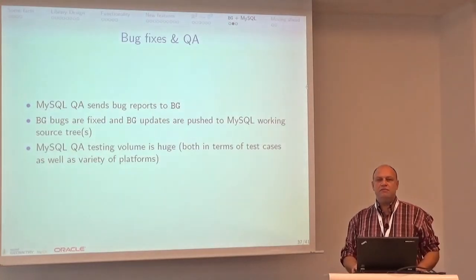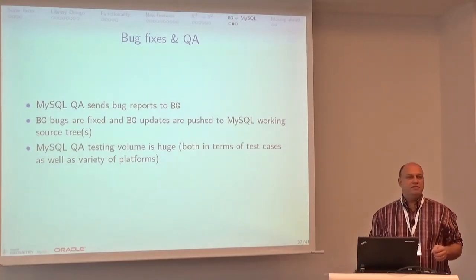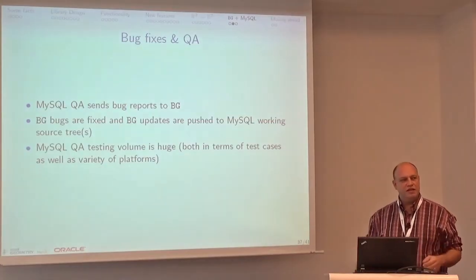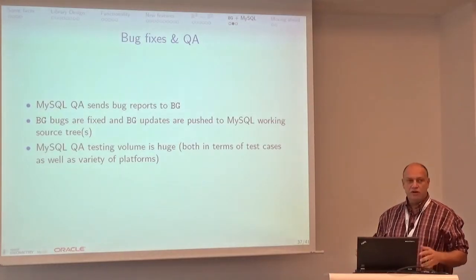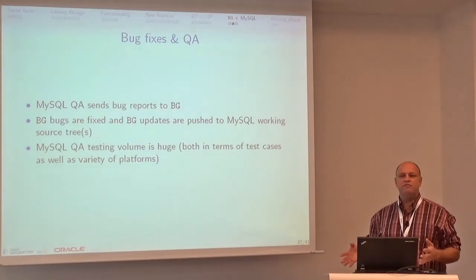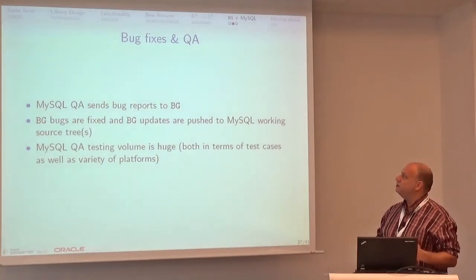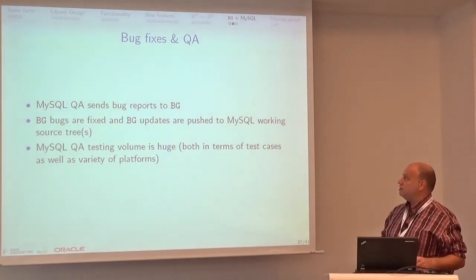Now, what about bug fixes and quality assurance? MySQL, fortunately, and I think this has been a very good asset for Boost.Geometry, has a huge and very extensive quality assurance process and a big team. In the past couple of years, we've had a lot of bug reports from MySQL towards Boost.Geometry, and we've benefited from those because we found a lot of bugs, and we fixed them.